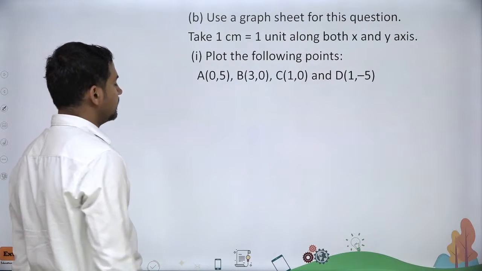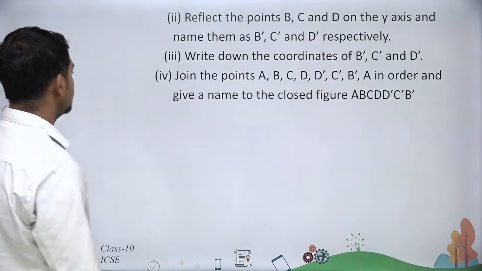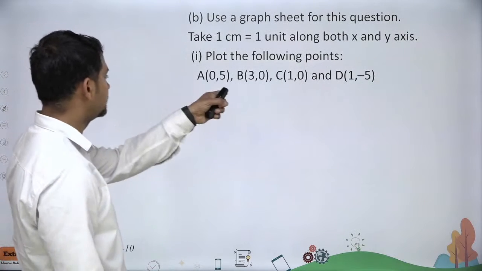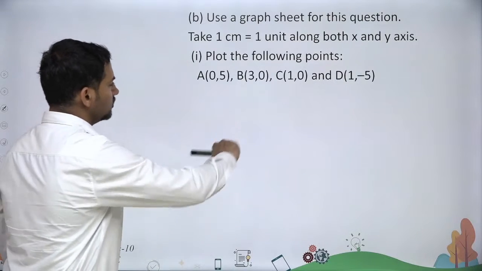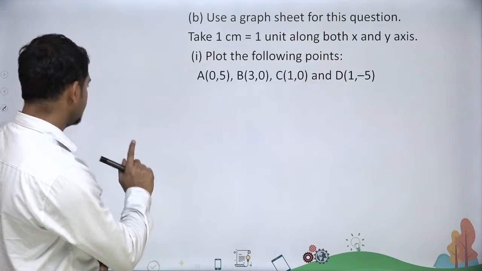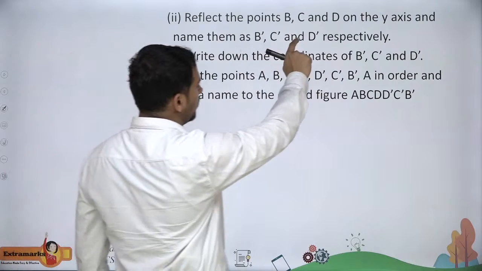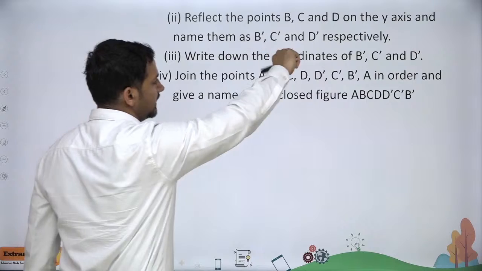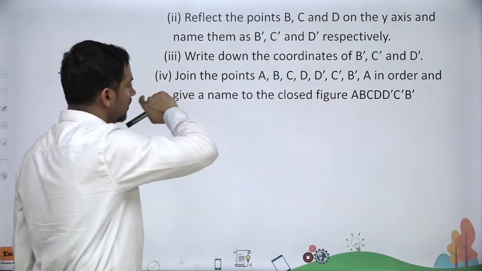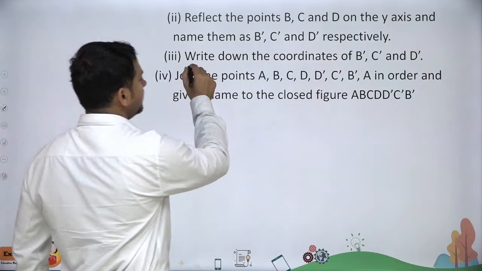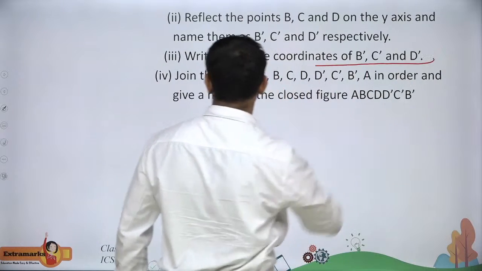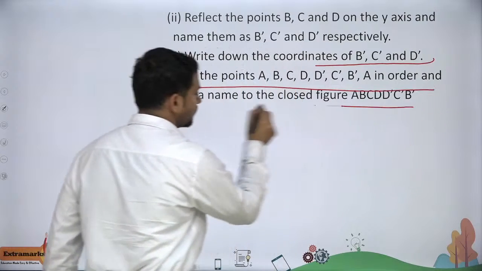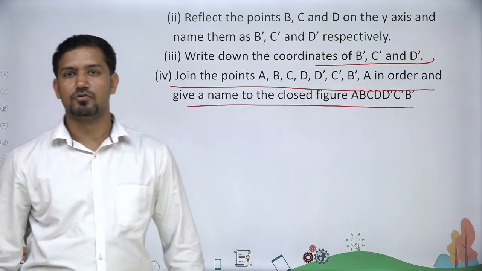In the second part, reflection of the points B, C and D on the y-axis, name them B dash, C dash and D dash respectively. In the third part, write down the coordinates of B dash, C dash and D dash. And in the fourth part, which type of closed figure will come? So these are the 4 questions.